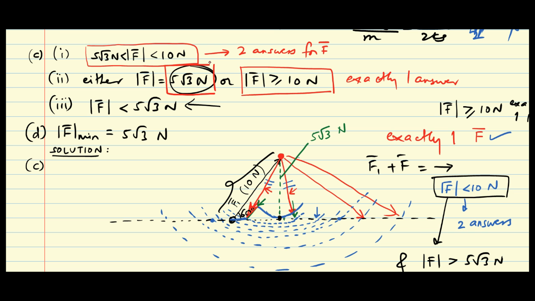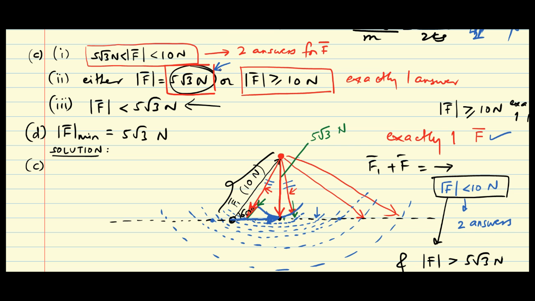If you go to the figure, when mod f bar is exactly equal to 5√3 newtons, I'm talking about the case where f bar is perpendicular to the dotted line, and in that case, of course, there is one single point of intersection, and you get a resultant force which is rightward. So it's still okay, this resultant force, you want it to be rightward. So I've got another condition for exactly one answer, namely mod f bar is 5√3 newtons.